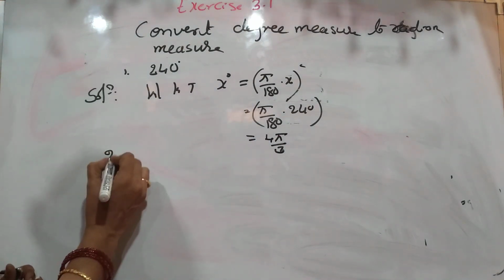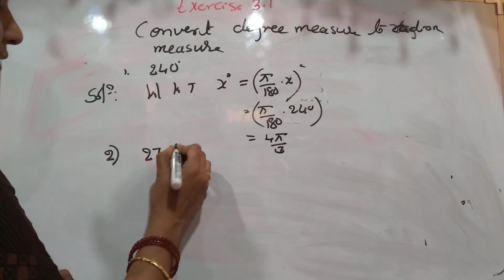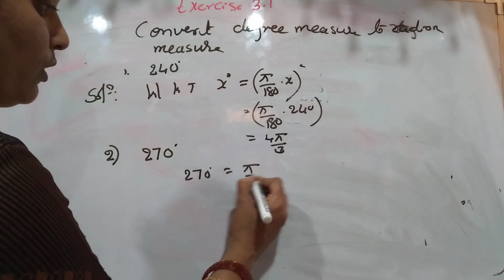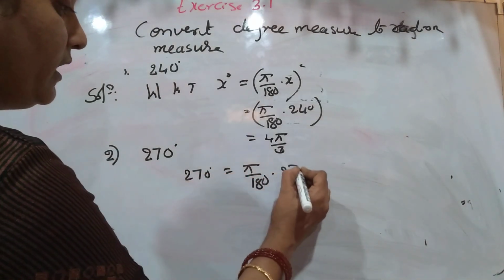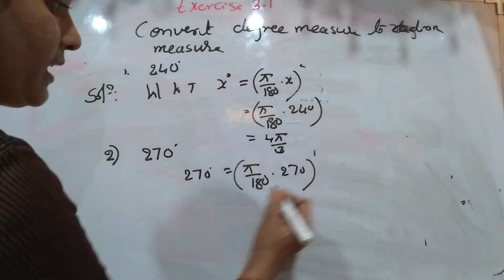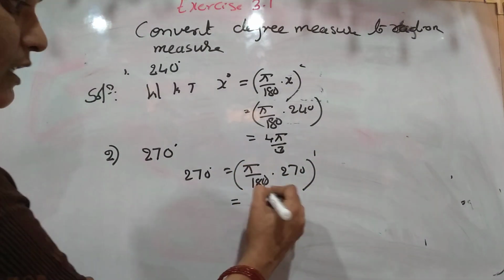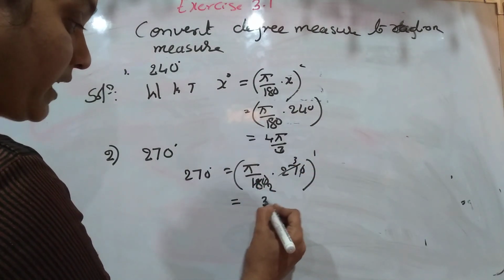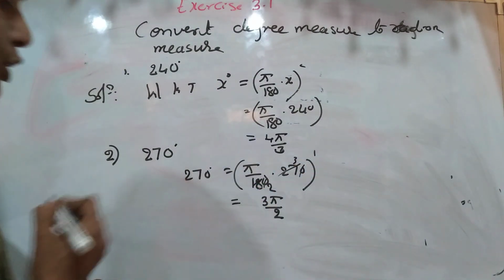Like that, you can consider one more, 270 degrees. 270 degrees is equal to pi upon 180 into 270. The answer comes out to be in radians. 0, 0 cancels. 9 3s are, 9 2s are. I will write it as 3 pi by 2.